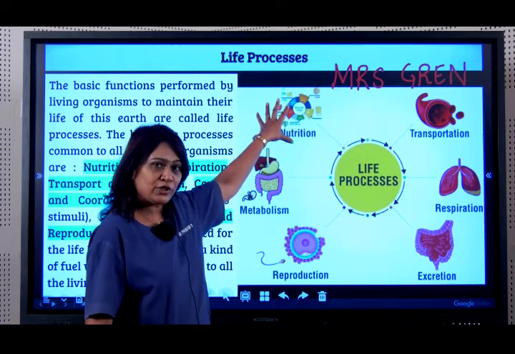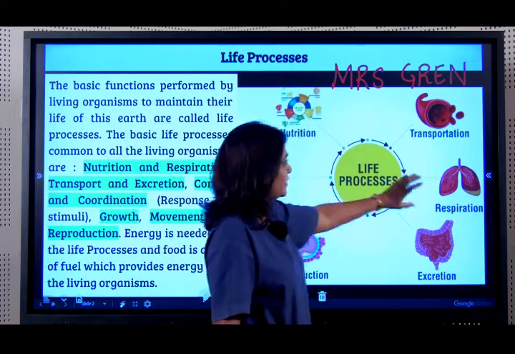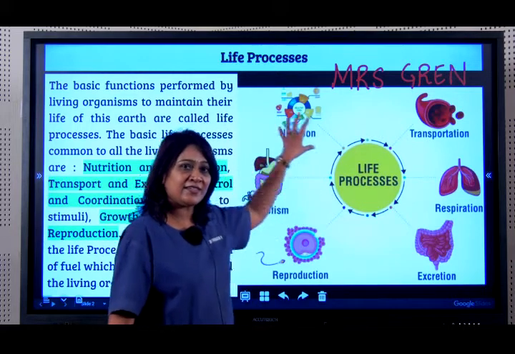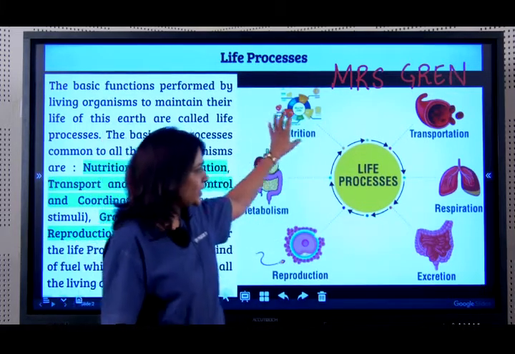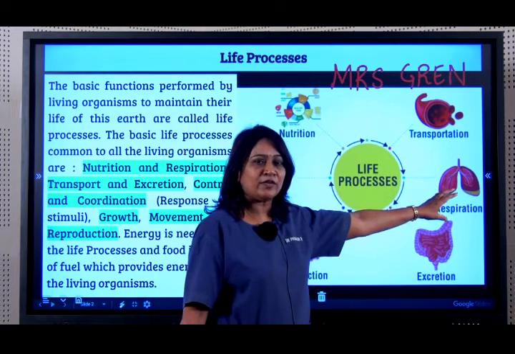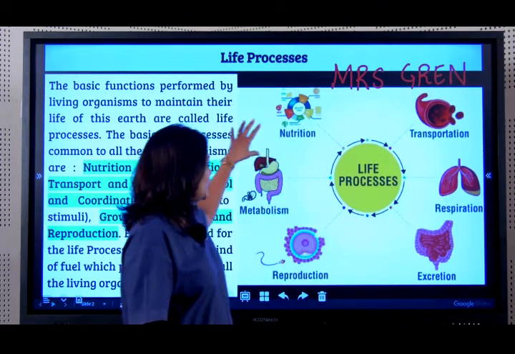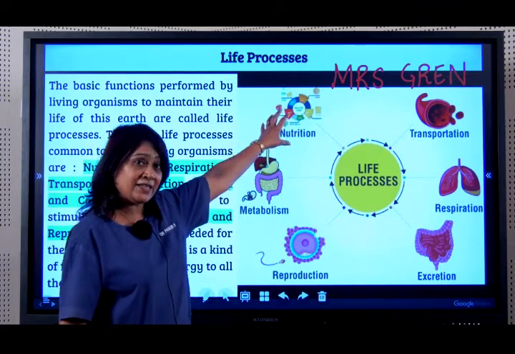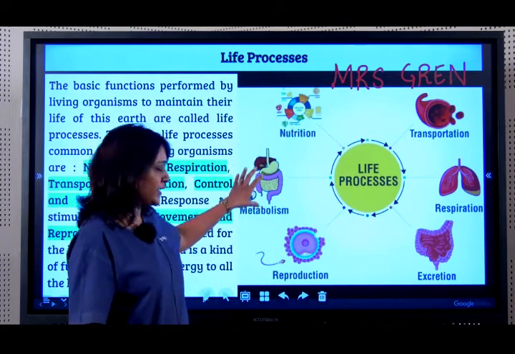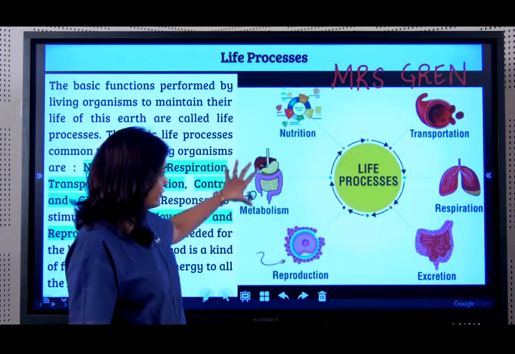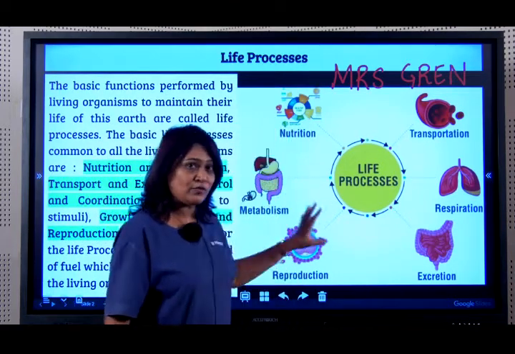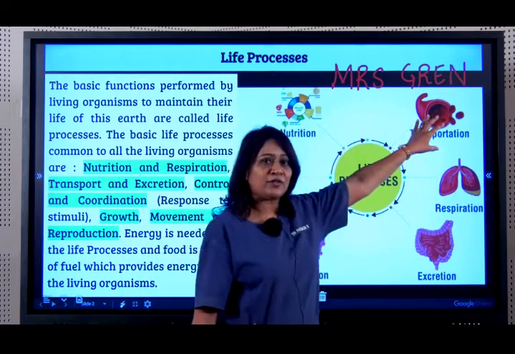So you have nutrition and then you have respiration, which is taking in a particular kind of food and a particular type of oxygen which is going to give you your energy. Can this take place directly from nutrition? No, it has to undergo metabolism. So you have metabolism in the digestive system, and once the fuel is formed, it has to be transported to the rest of the body.